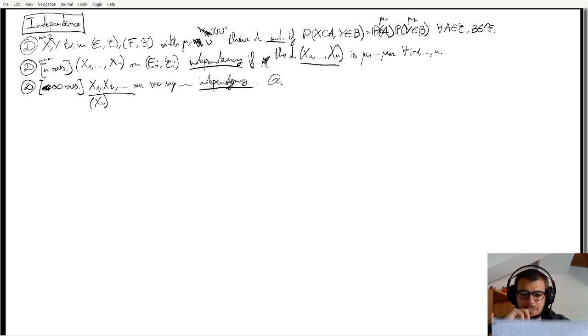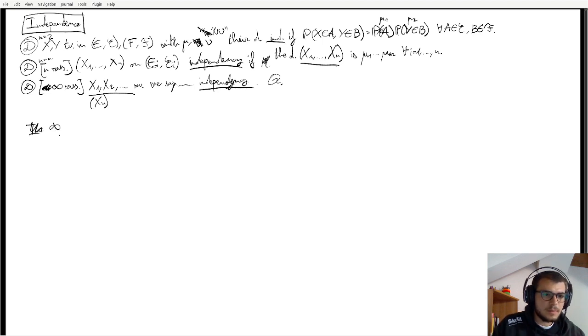This is an important sentence. And I will just give the notation for infinite product spaces.